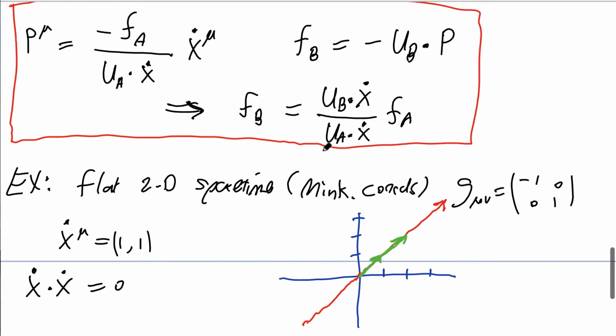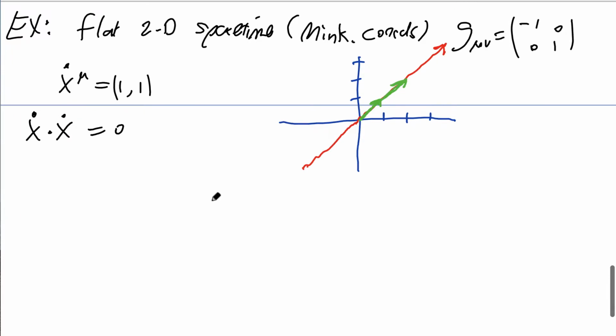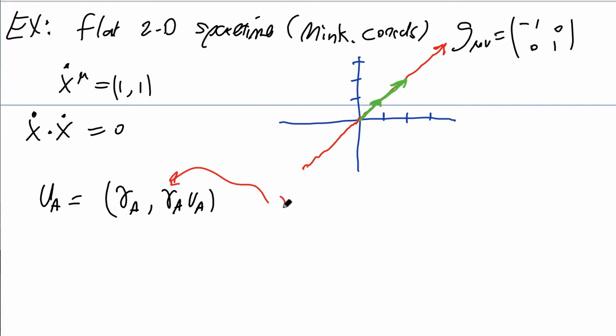So now let's choose our observer A to have four-velocity gamma A, comma, gamma A VA. So here gamma is just the familiar special relativistic gamma factor, 1 over the square root of 1 minus VA squared.